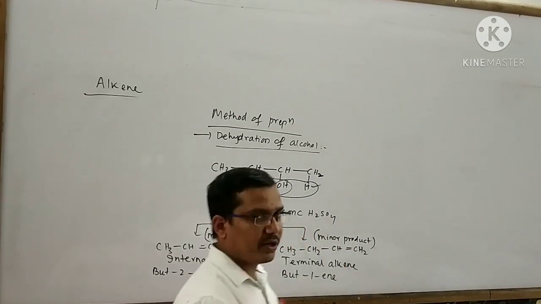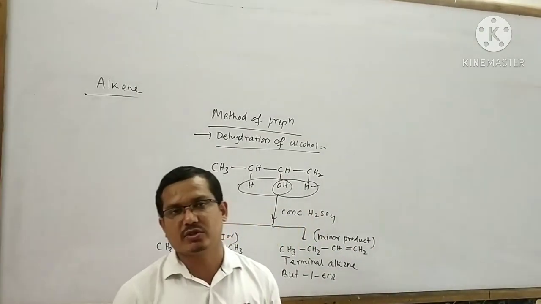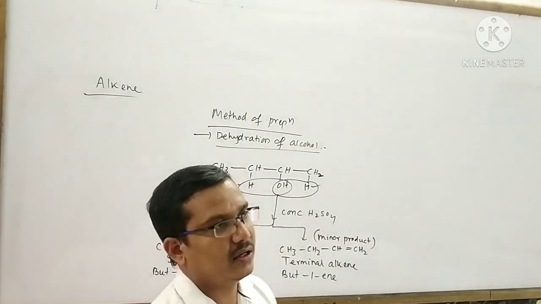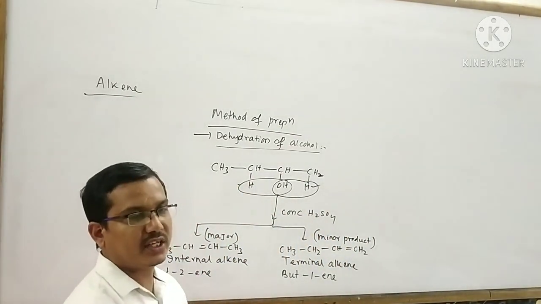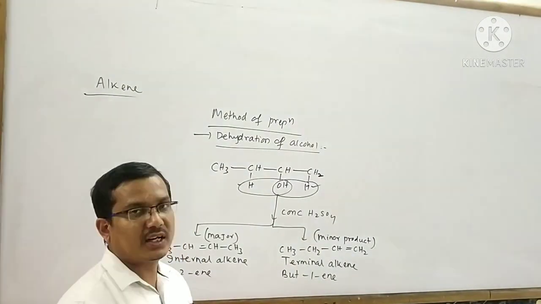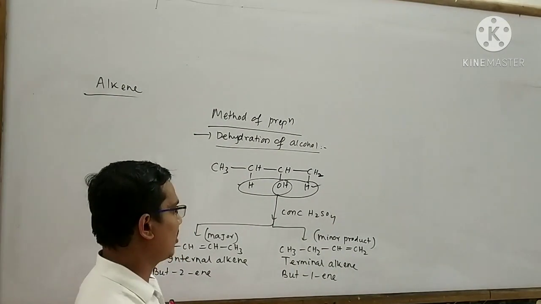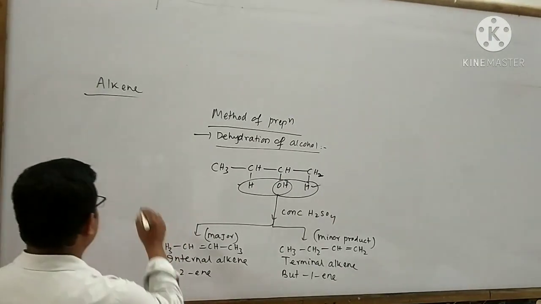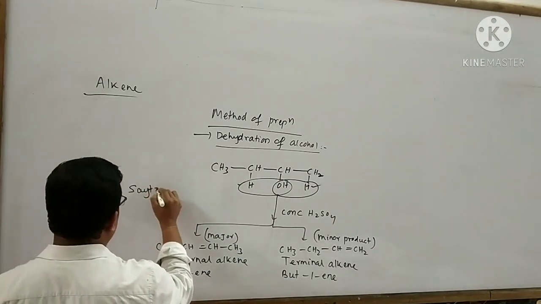Always remember an important point: the compound which is more stable is generally considered the major product. On the other hand, the compound which is less stable is generally considered the minor product. This can be clearly explained with the help of Saytzeff's rule.